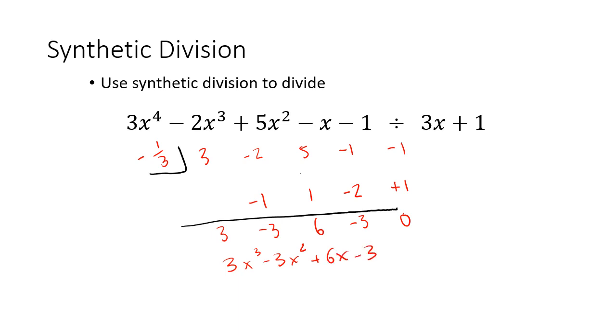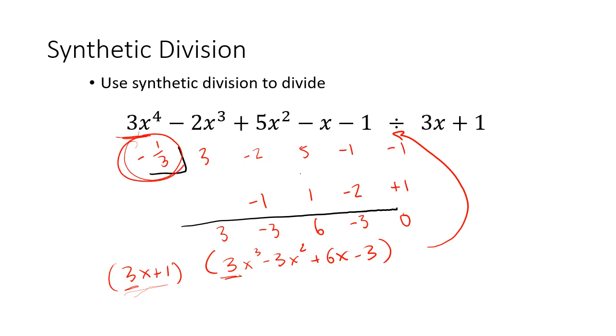Now, if you think about this, this doesn't make sense, because what this is saying is that 3x plus 1 times this should equal this original polynomial. And right away you can see that it doesn't, because if I do the first multiplication here, 3x times 3x cubed, I'd have 9x to the 4th, which is not correct. So we have to make an adjustment here. If we have a fractional a value when we're using synthetic division, we have to take the coefficients that we end up with and divide them by that 3.